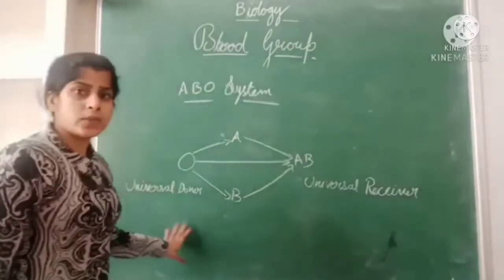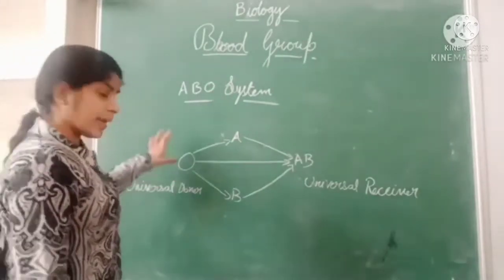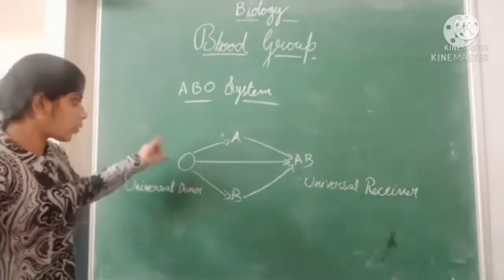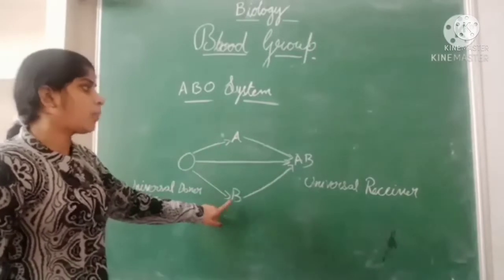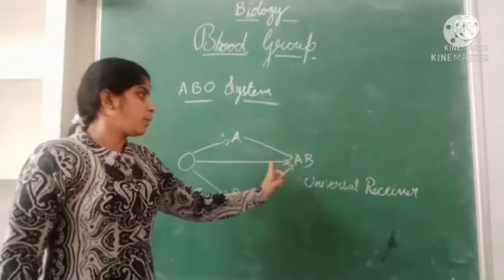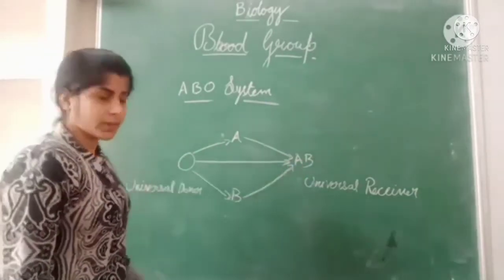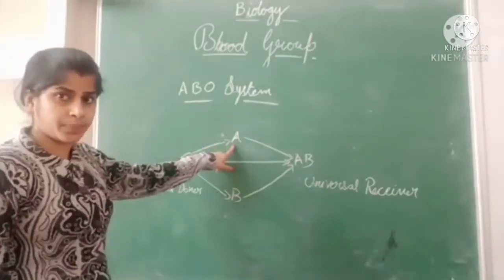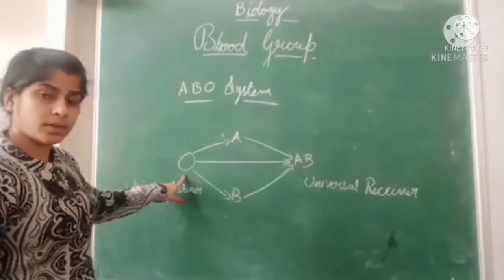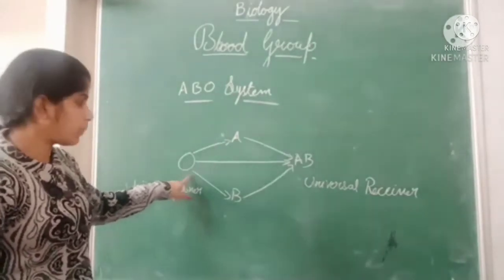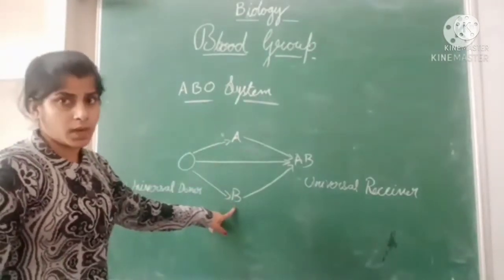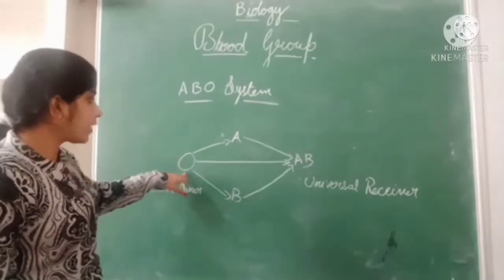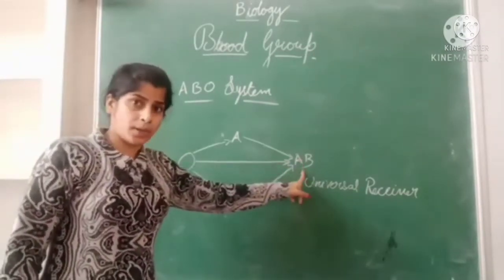What is this ABO system? See, the ABO system shows that O group, A group and B group can donate blood to the AB group. A group can donate blood to A group. O group can donate blood to B group also, and O group can donate blood to AB group also.